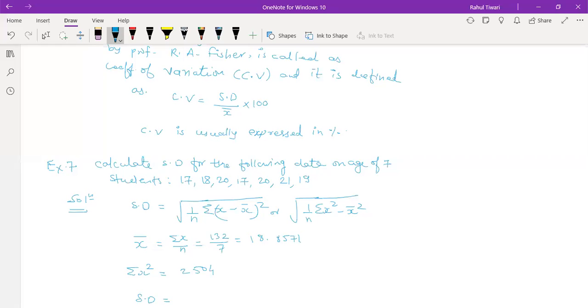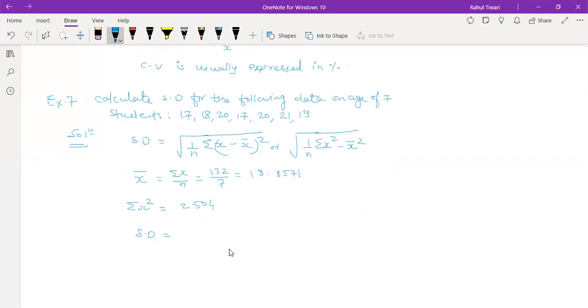If you substitute in the standard deviation, it is going to be the square root of 2504 divided by 7, minus 18.8571 whole square.